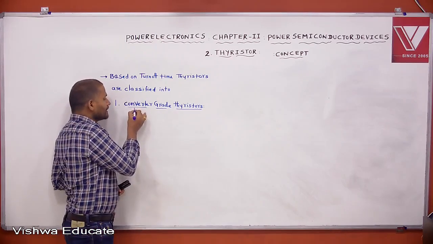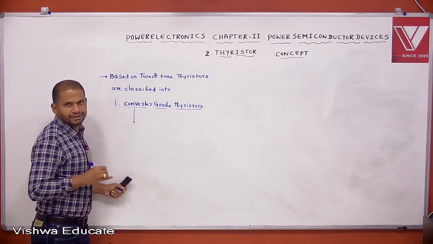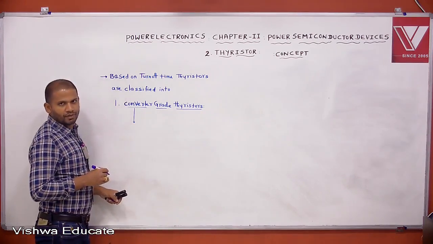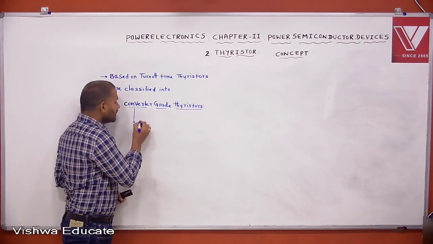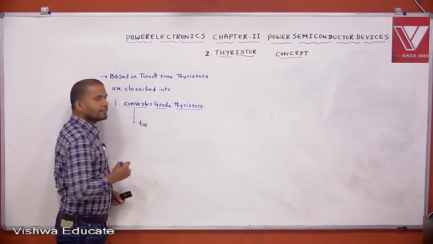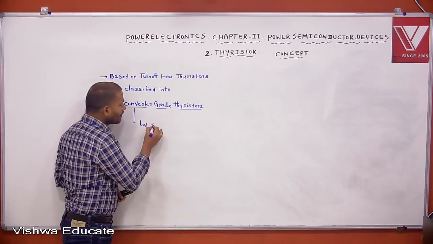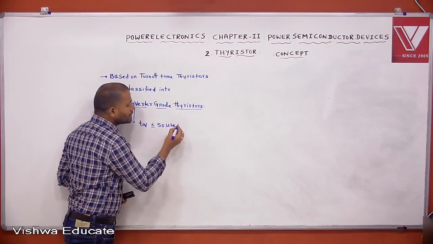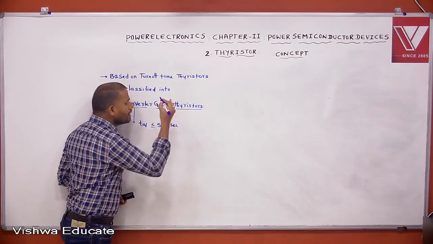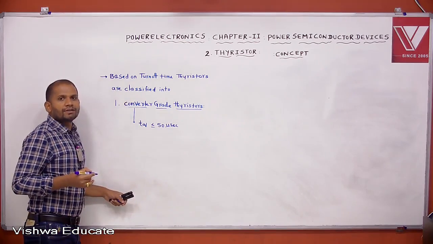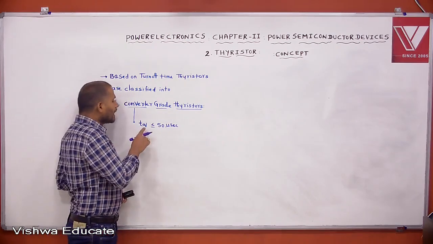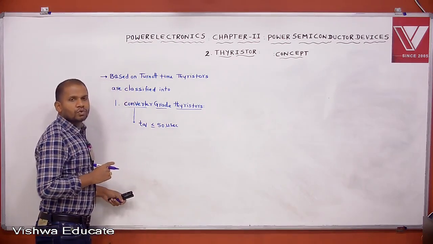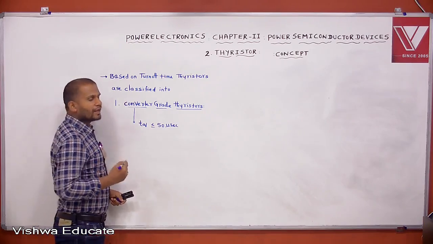For this converter grade thyristors, the turn off time is less than or equal to 50 microseconds. If the turn off time is less than or equal to 50 microseconds, those thyristors are called converter grade thyristors.